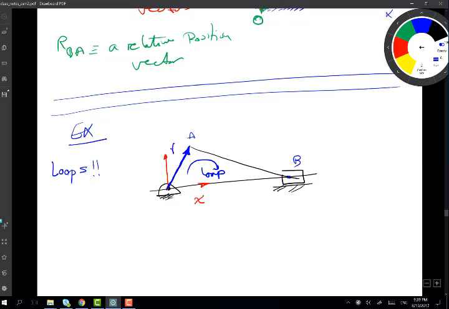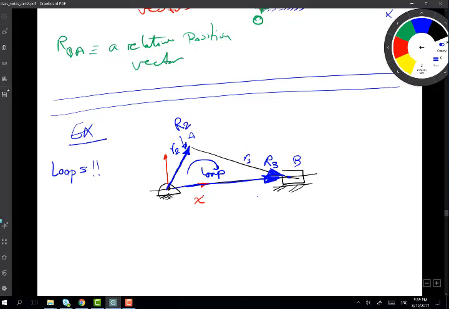So this length is R2 and will be a vector. I'm going to attach a vector here and call it vector R2. And this length R3, I'm going to attach a vector. I'm going to say this vector is R3, right? And I can have a vector which closes the loop for me.